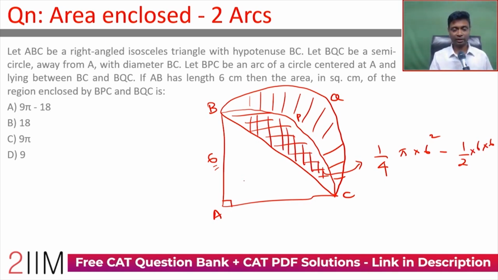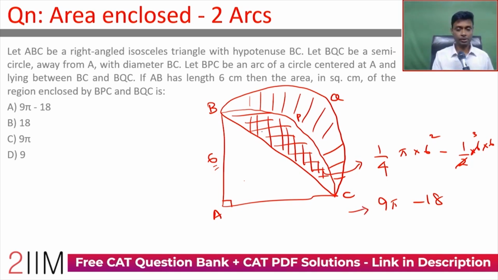So sector minus triangle gives us this segment, right? Which is 1/4 of 36 pi, 9 pi, minus 18. Now this we need to subtract from the larger semicircle.